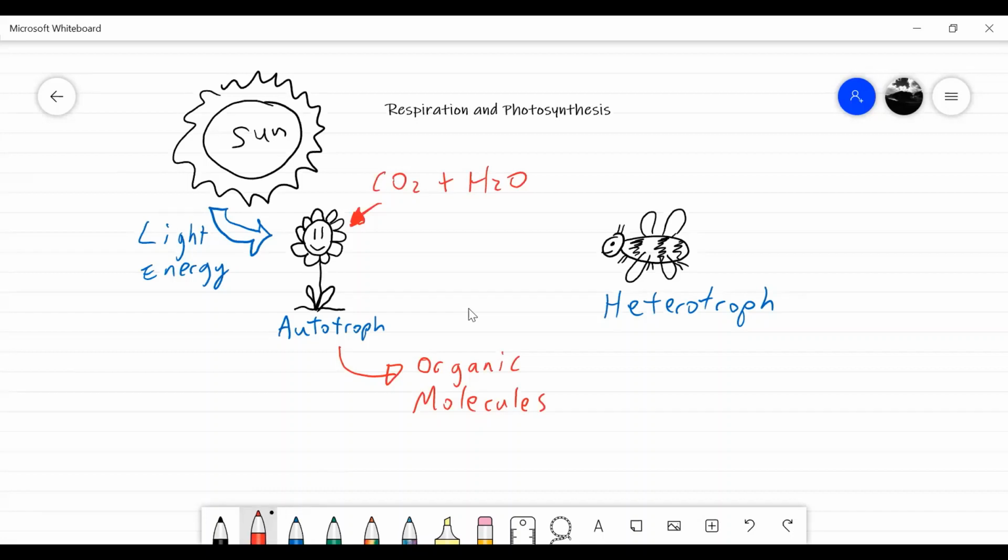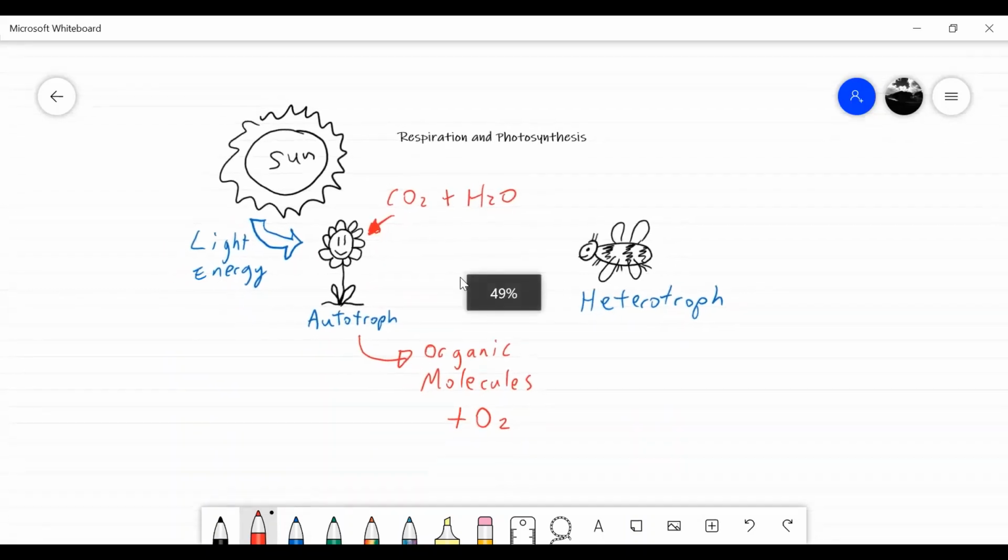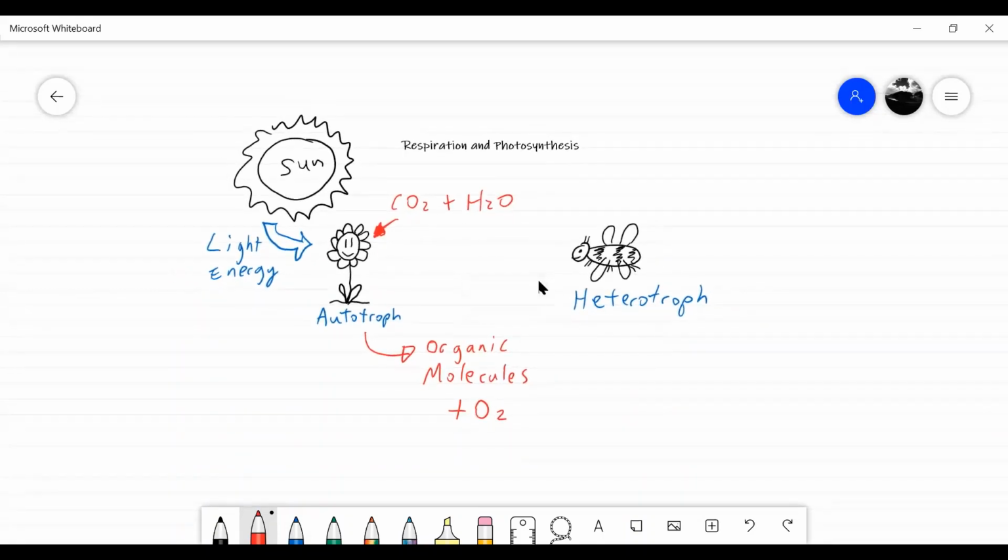It makes organic molecules, and it also makes oxygen. So that's good because we like oxygen, and so does this little bumblebee. So that is photosynthesis on that side. So maybe I should have titled this photosynthesis and respiration. So what I will do is just make a label here like this. This is photosynthesis.